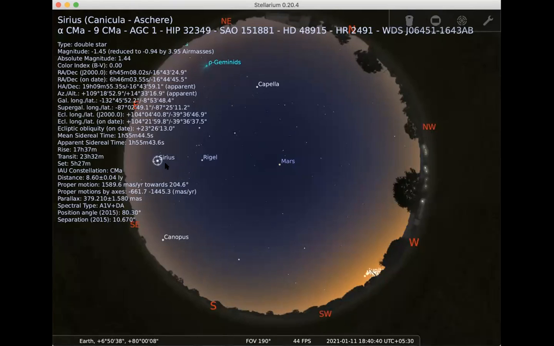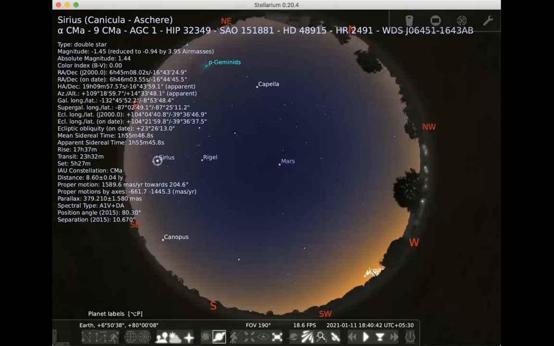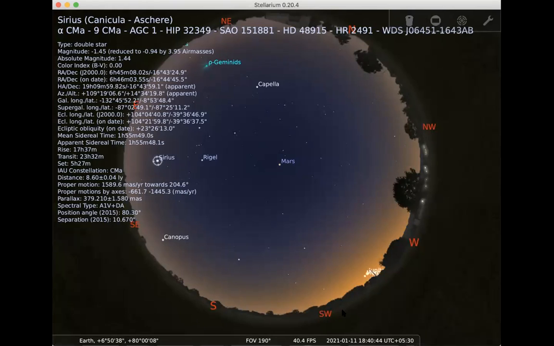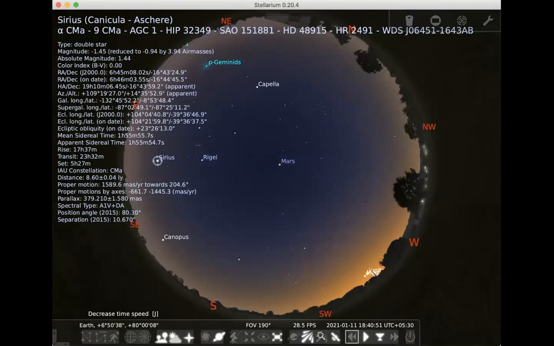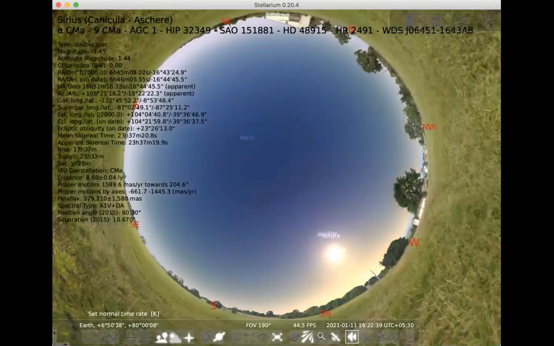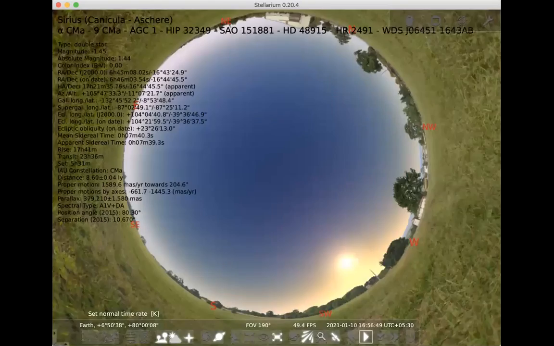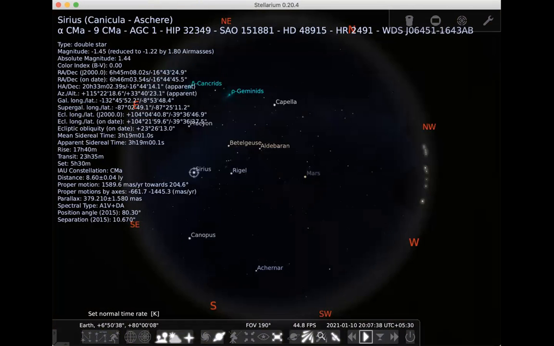So Sirius is right here. What I can do from this software is take the time back from here. It's going too fast now. So I'm taking it backward.